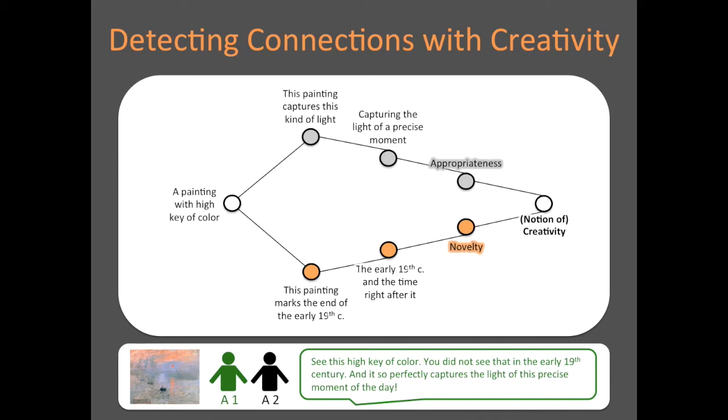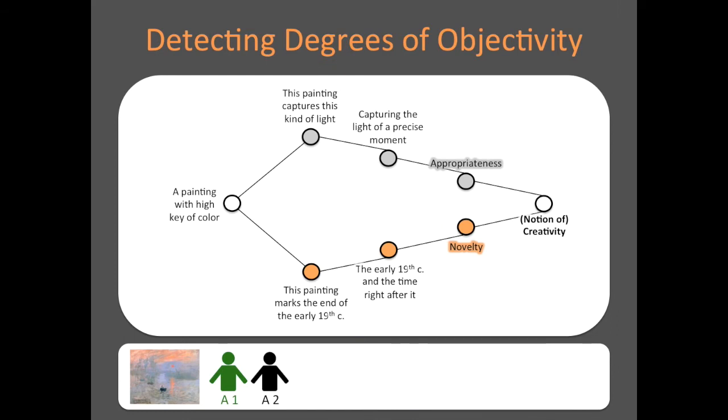Now what we need is to detect degrees of objectivity. So we're going to call a connection of level 1 objectivity a connection just like this one. That is, a connection that only meets the minimum requirements. What is interesting about this kind of connection is that it has just enough objectivity to be called into question.